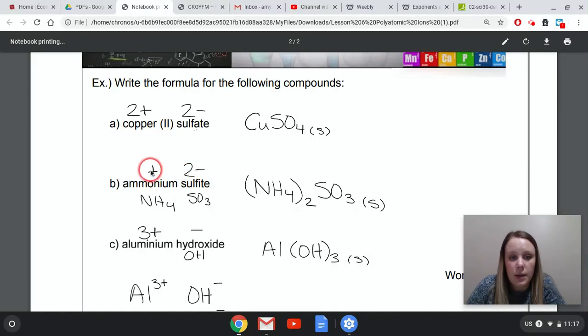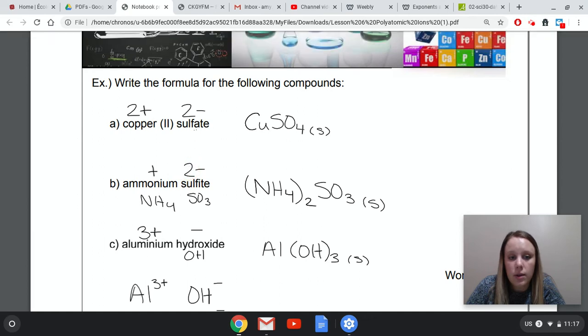Now these don't balance. 1 and -2 are not balanced, so we're going to cross the charges. So the 1 is going to go behind the sulfite. Here's sulfite. There's a secret 1 behind it, but we don't write it. We also don't write the brackets because they're not necessary. However, when we cross the 2 to go with ammonium, we have multiple atoms here in our polyatomic ion.